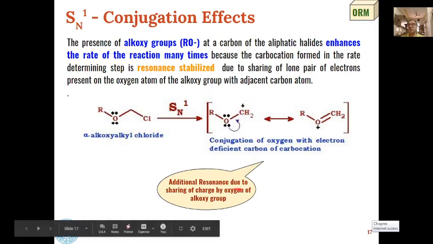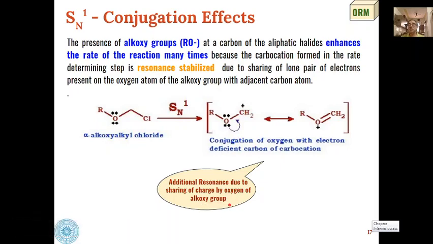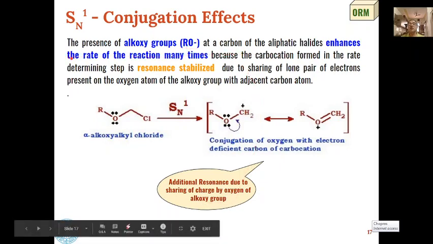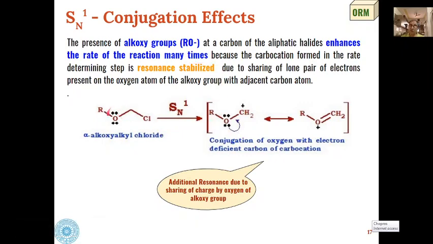So additional resonance due to sharing of charge by oxygen of the alkoxy group increases the rate of reaction many times in comparison to if this oxygen is not present. If this is carbon, then the rate of reaction will be much less, because then there will be no conjugation of oxygen with the electron deficient carbon.